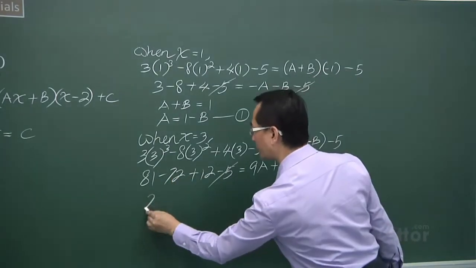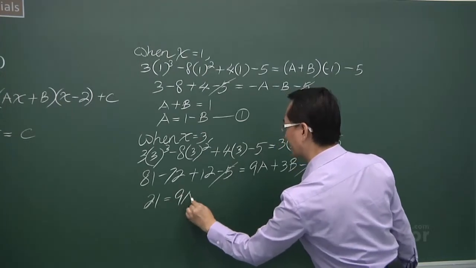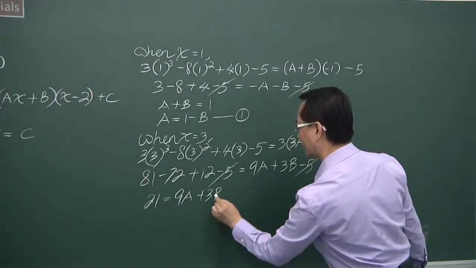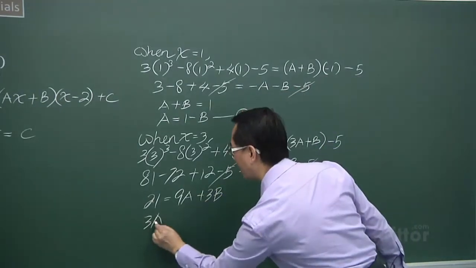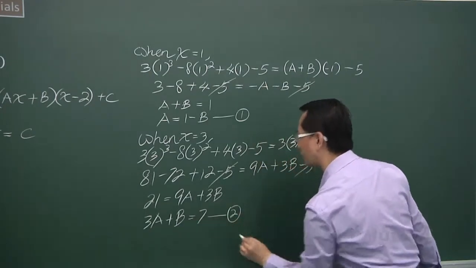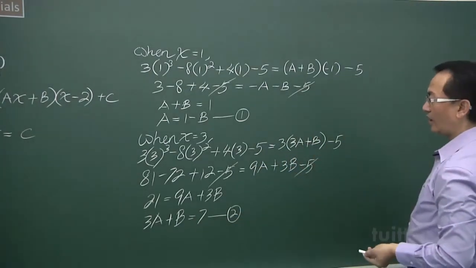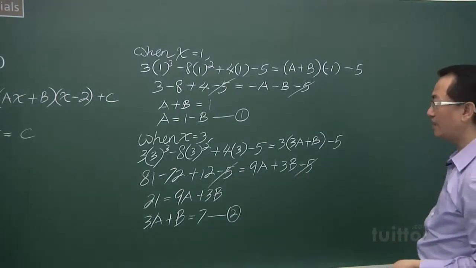That would make 21 on the left-hand side. If I just divide throughout by 3, I have 3a plus b equals to 7. That's equation 2. So having these two equations, then I can solve for the a and the b.